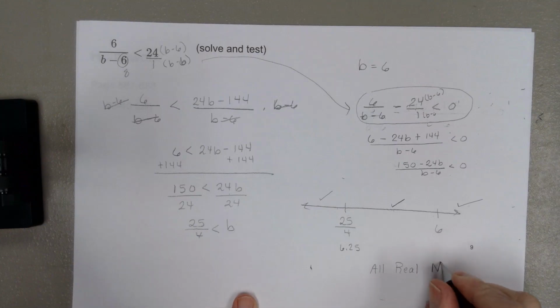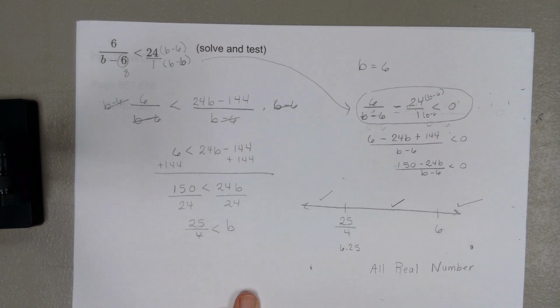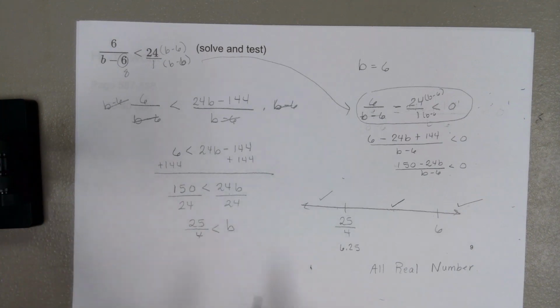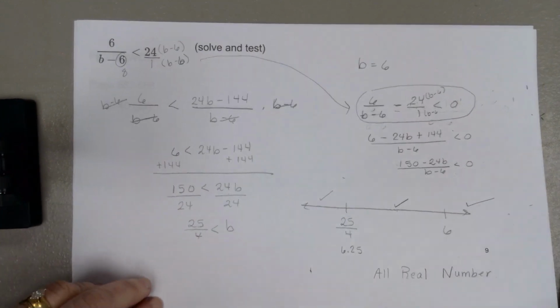And what works on your study guide is when you plug it back in, you get a true that is less than 8, you get a false that is greater than 8 and less than 8.25, and you get a true that's greater than 8.25. So you have two areas that work, but I wrote the problem different than what you had on your study guide, so that's why it was a little different.